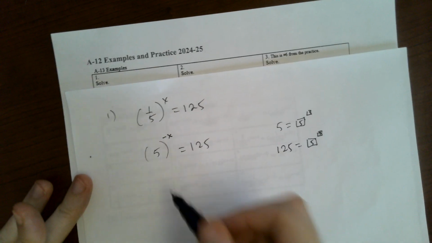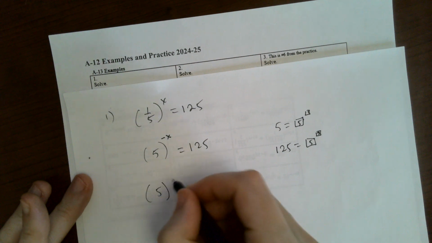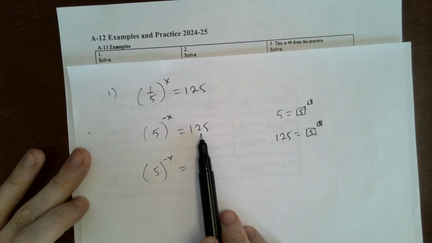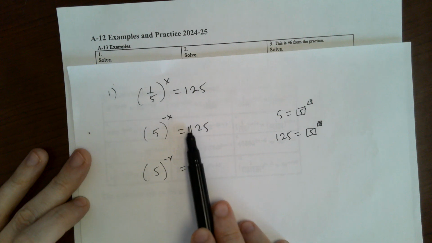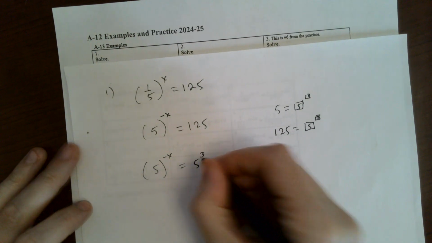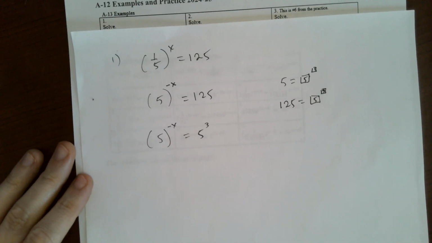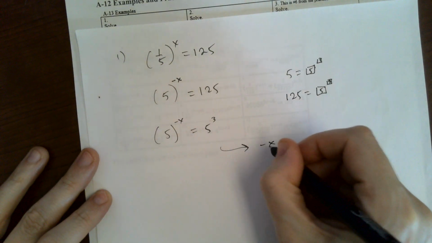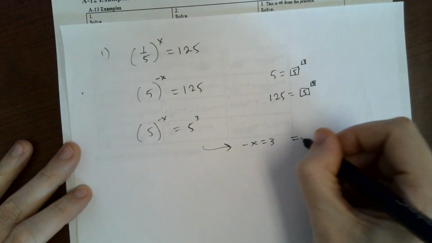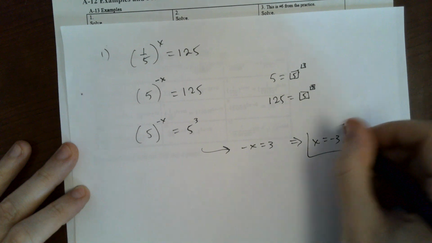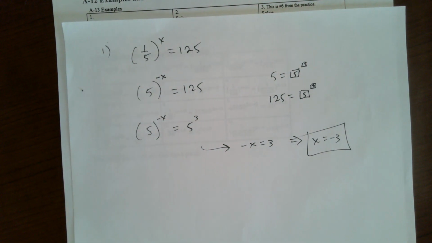Okay, so this side isn't really going to change, but 125, I'm going to replace this entire side with 5 to the third. Okay, so now we have the same bases, and so -x is equal to 3, and then you divide both sides by -1. x is equal to -3. Okay, so that's the first one.